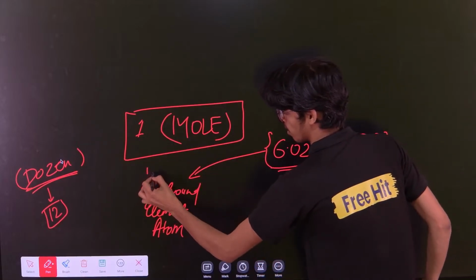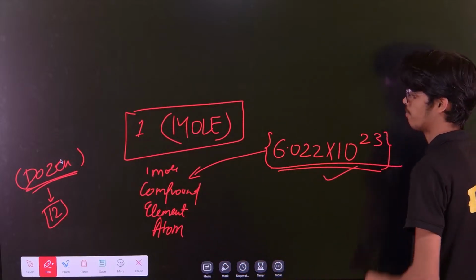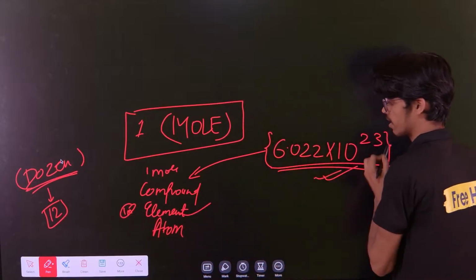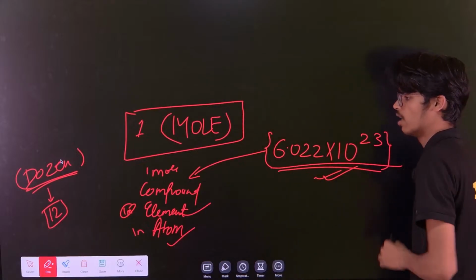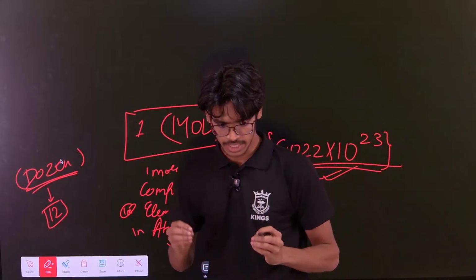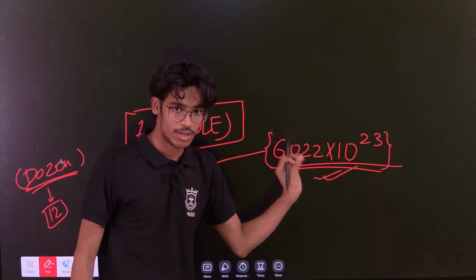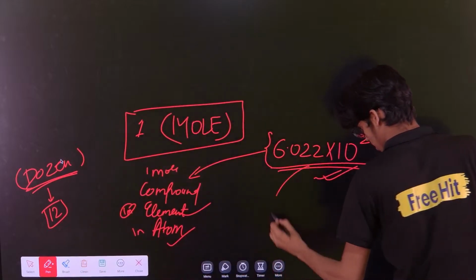1 mole of a compound means in 1 mole of that compound, this much number of particles are there. In 1 mole of that element, this much number of elements are there. In 1 mole of atom, this much number of atoms are there. Now you will get to know what is so special about this particular number. It is so special that it has been given a separate name.